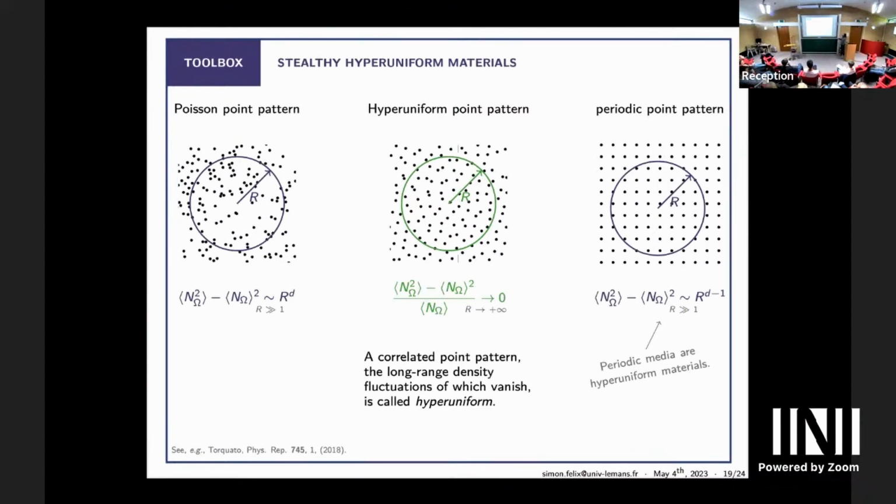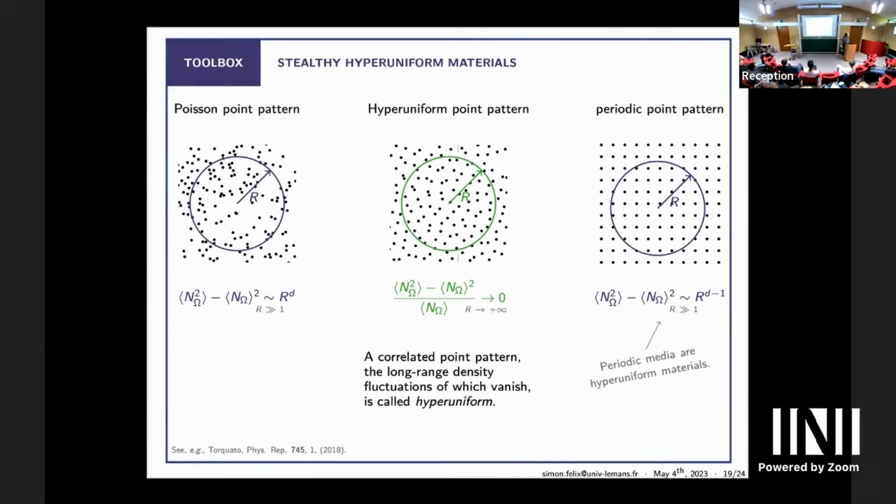And what we will call a hyperuniform pattern is all the patterns, regular or disordered, for which the long-range density fluctuation, meaning the variance divided by the average number of points, so relative to the volume, goes to 0.